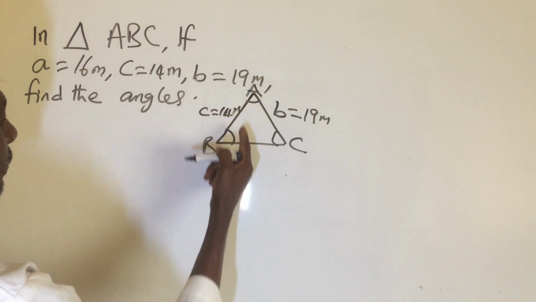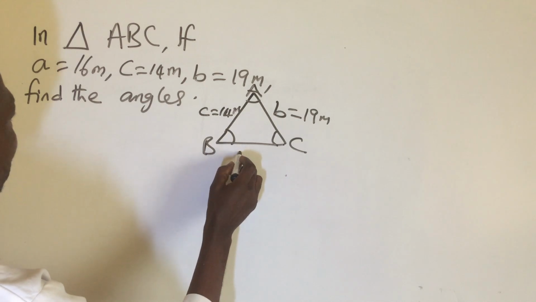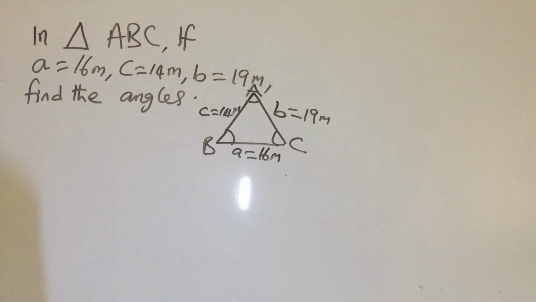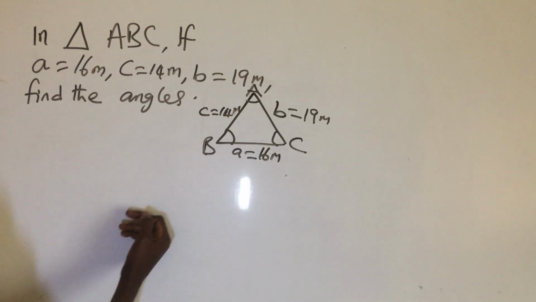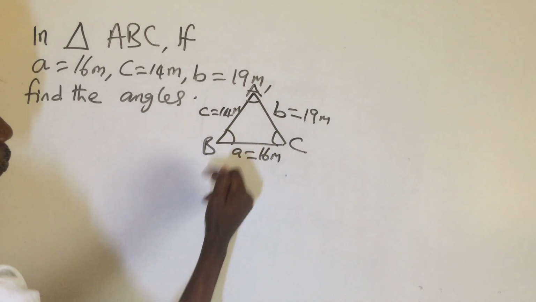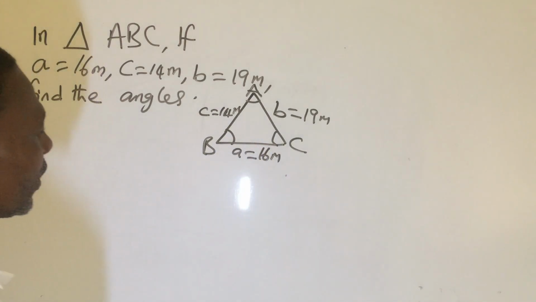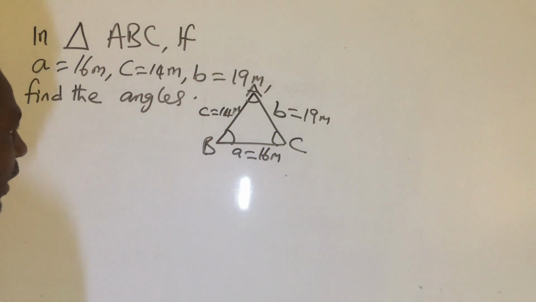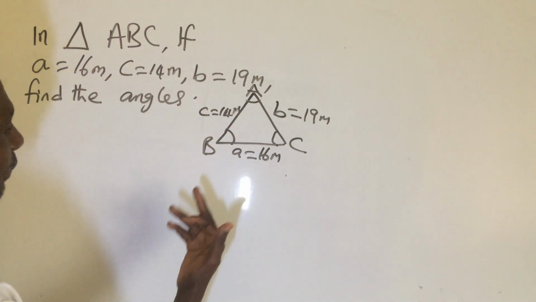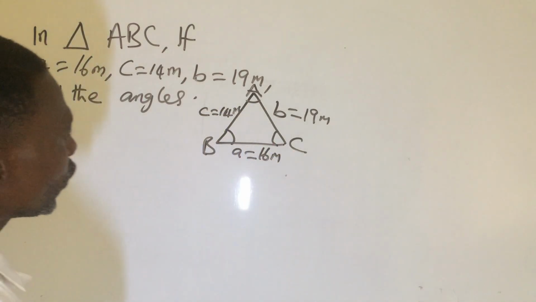And this side facing angle A is small a, which we say is 16 meters. All right. Now the question says we should find the angles. We should find angle A, angle B, and angle C. All right. Now let's start solving by finding the angle A. From there we can find B and C.